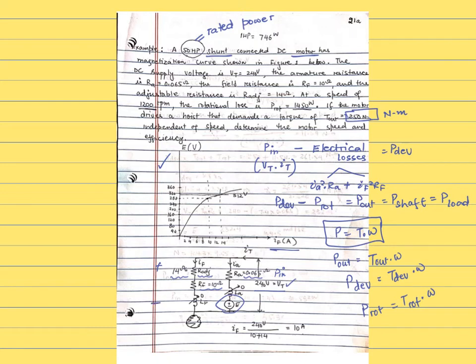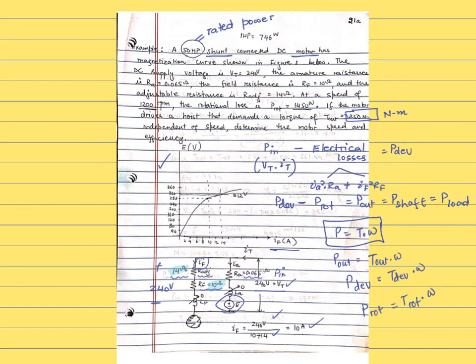The voltage here is 240 volts, the total voltage, and the current flowing through that branch is the total voltage divided by the total resistance, which is 14 ohms and 10 ohms. So IF is 240 divided by 10 plus 14, which gives you 10 amperes.